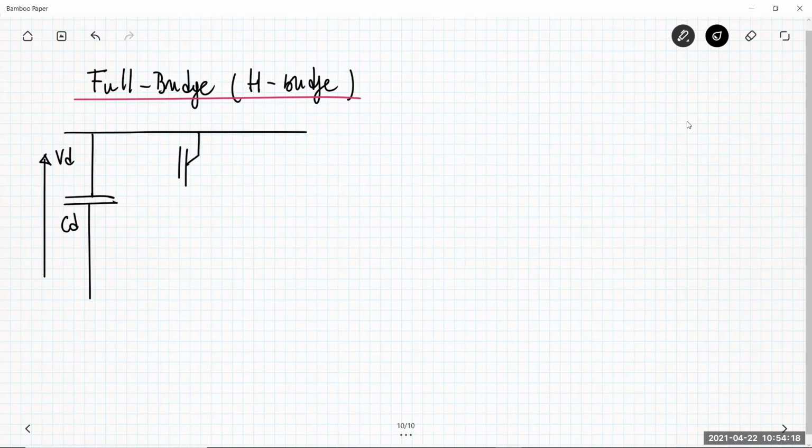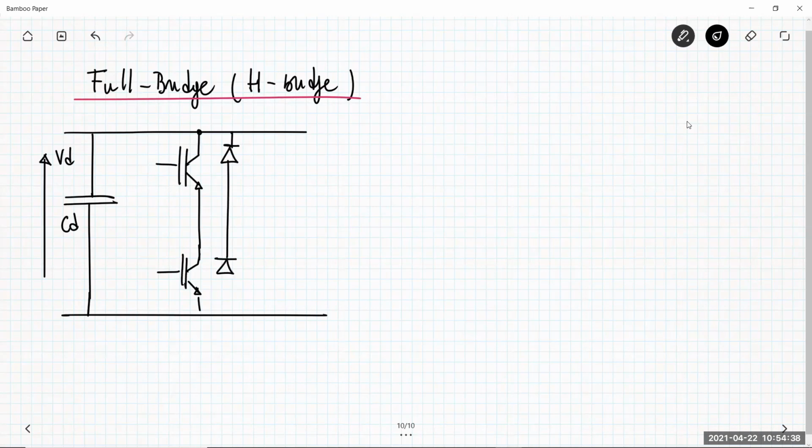So again, let me put here IGBTs. These are the two switches for the leg A. So this is called TA plus, TA minus, diode A plus, diode A minus, and this is the node A. And then we have another one, which is the B leg.